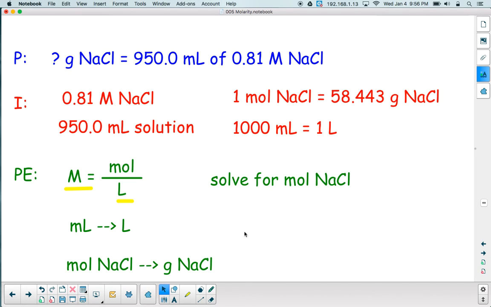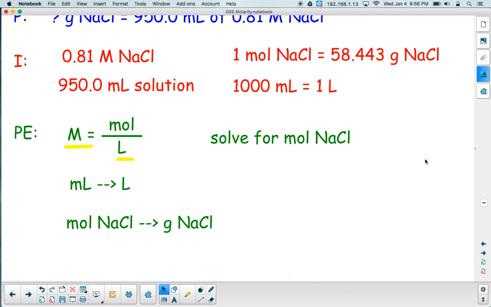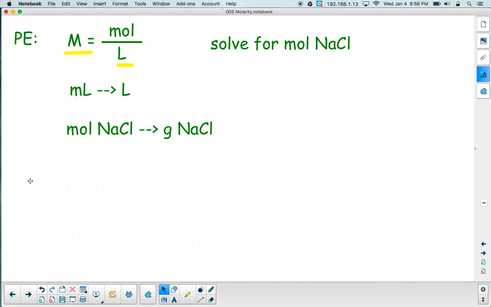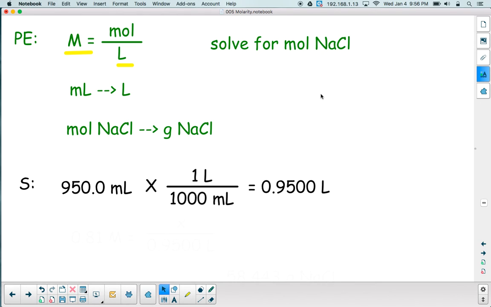So in order, my plan is to take the milliliters and turn them into liters, plug the liters and the molarity into my equation and solve for moles, and then in the end, take my moles of sodium chloride and turn them into grams. So starting with my 950 milliliters, I'll convert that to liters, keeping these two zeros because they were significant in the 950.